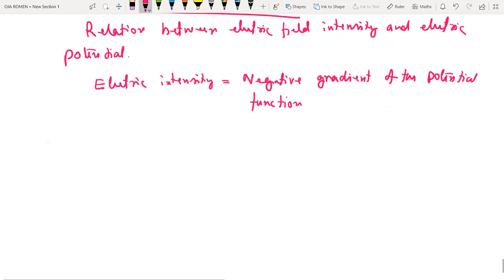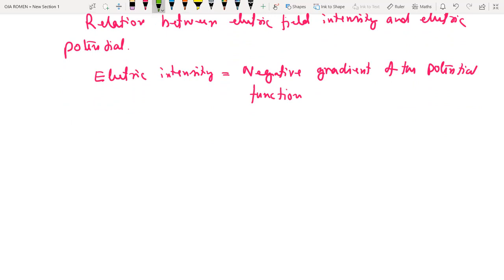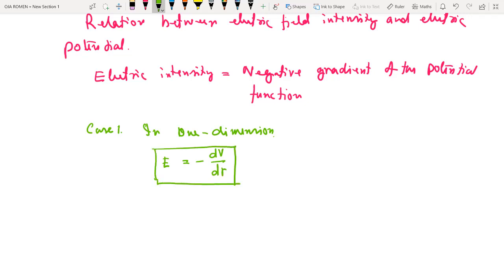Case 1, in one dimension, E equal to minus dV by dr. So in one dimension we can put like this: x-axis, dV by dx, y-axis, z-axis.